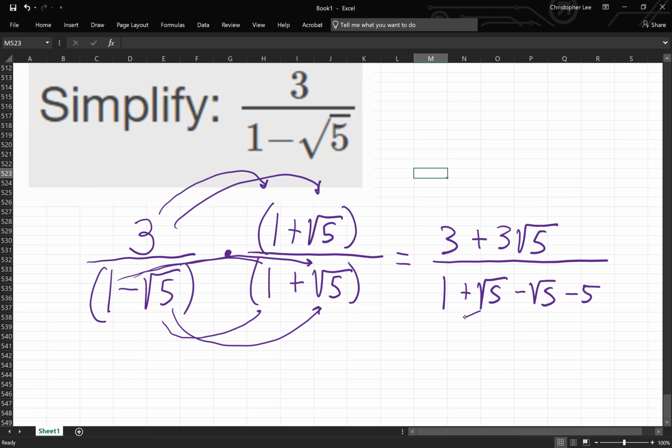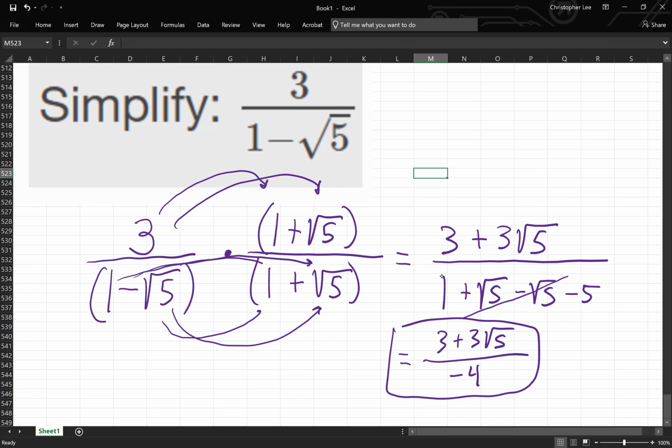You already know these two middle ones are the same, so they're going to just cancel out. So I have 3 plus 3 square root 5 over 1 minus 5, which is negative 4, right? And that's it. You could give me the answer like this if you want to put the negative on the side, whatever. Questions on this? You could even distribute the negative in the numerator if you want. Whatever, the same thing.